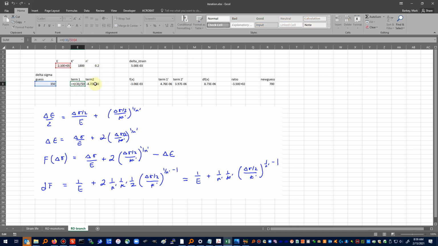My term 2, I'll get to modify this, is going to be my delta sigma over 2 divided by k prime to the 1 over n prime, but I need a 2 times right here.